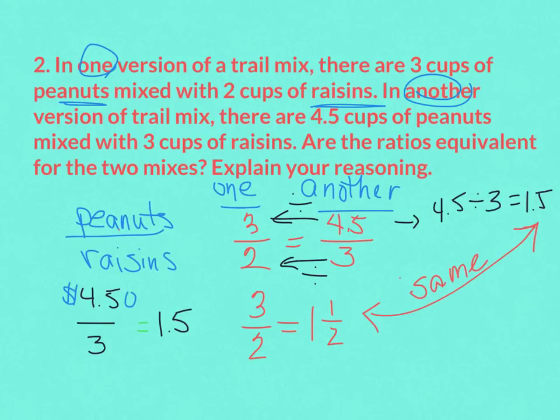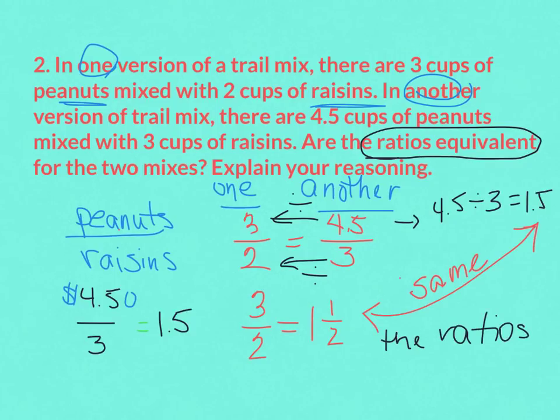So it asks us, are the ratios equivalent? And we're going to say the ratios are equivalent. And I've already explained my reasoning by showing all of my work. And don't forget, that means that these two trail mixes will taste the same, provided that the other ingredients are also in proportion.